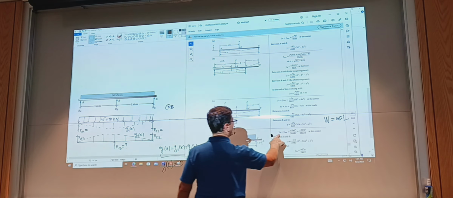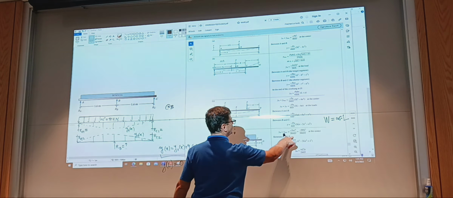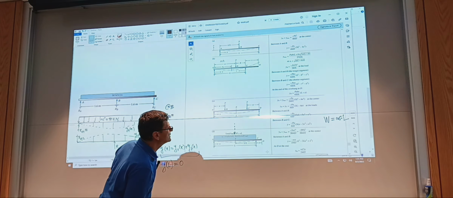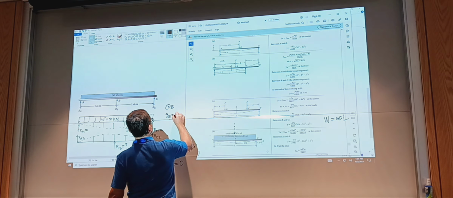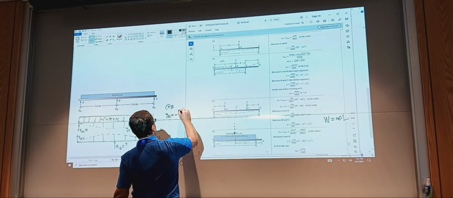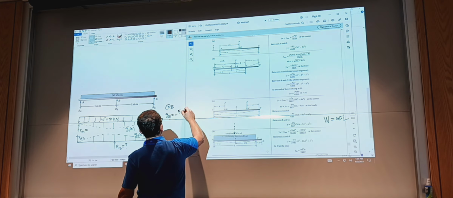Where is it? y at B is, it will be y at B1, the way we have it, -5 times lowercase w times, for our case, 2L. All right.